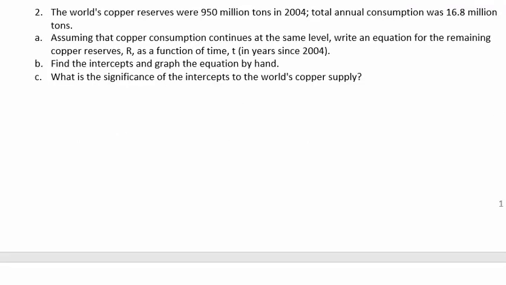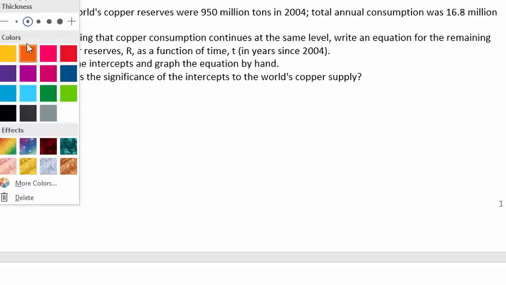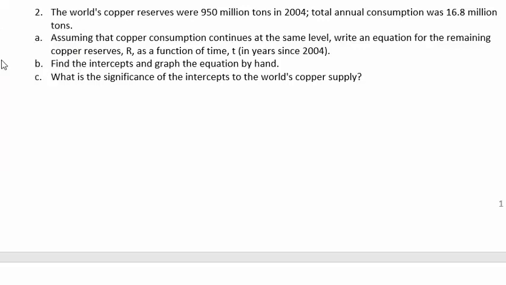Okay, number 2, the world's copper reserves were 950 million tons in 2004. The total annual consumption was 16.8 million tons. We are assuming that the copper consumption continues at the same level, and we write an equation for the remaining copper reserves R as a function of time t, which is in years since 2004.